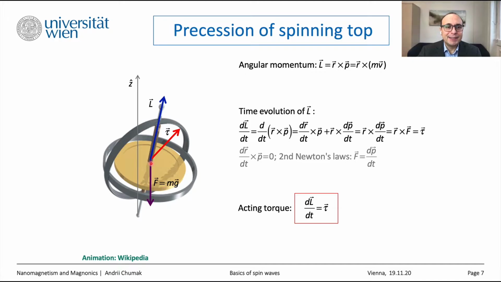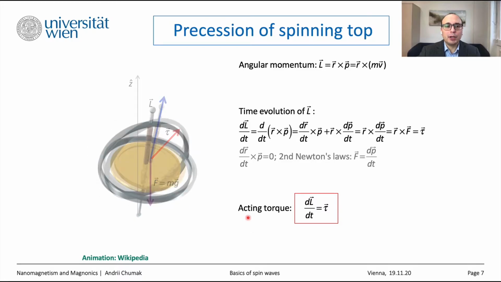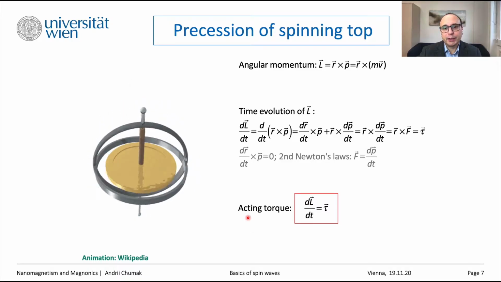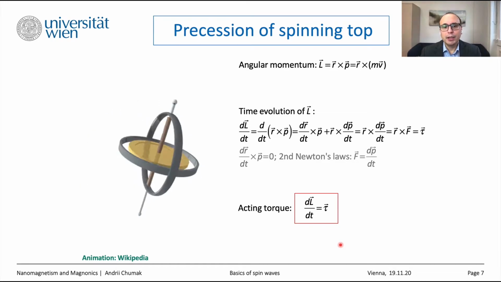In this case, force mg is trying to pull this top down, but because it has angular momentum, instead of the simplest motion down, we get a torque pointing in that direction. Due to this torque, our motion will go like this. This is the main operational principle of a gyroscope, which you probably heard about. And this is very important physics for us today to understand what a spin wave is.